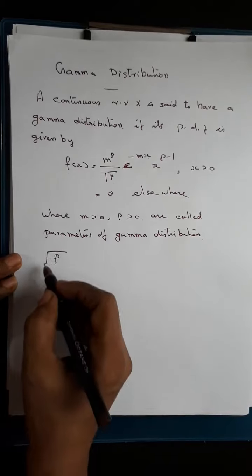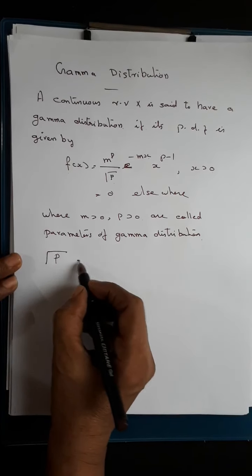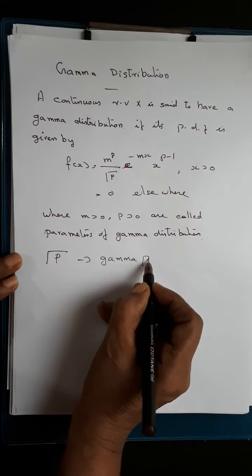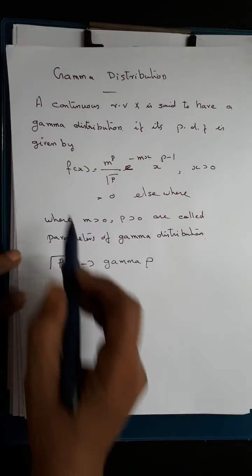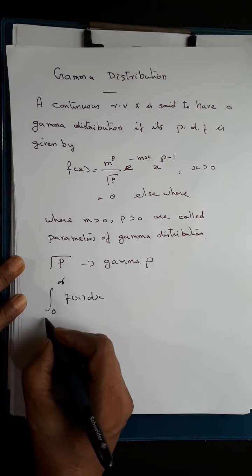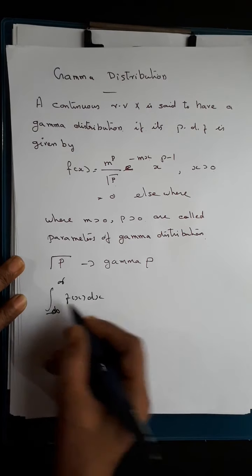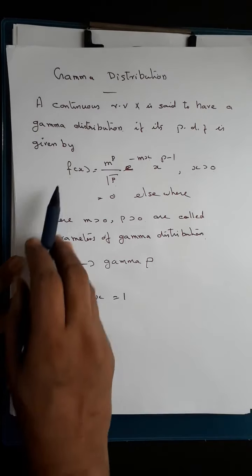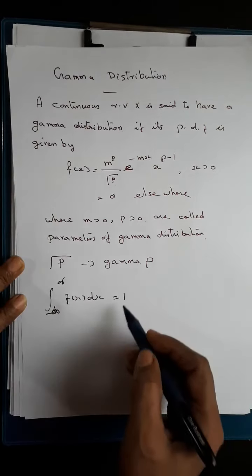This letter is read as gamma p, and we know that this is a probability density function. Therefore, integral minus infinity to plus infinity f x dx equal to 1. That is, totality of a probability density function is 1.